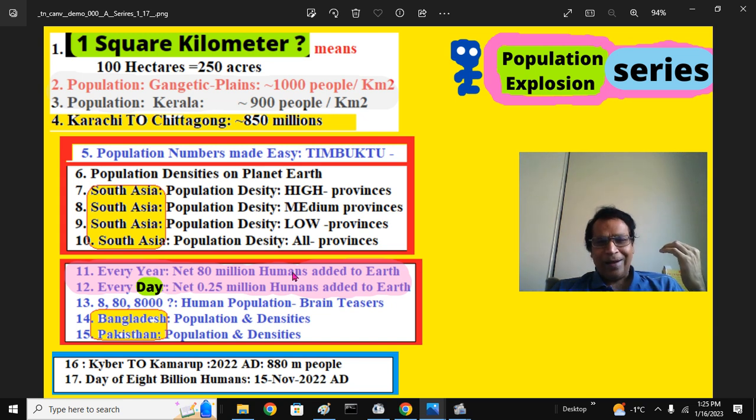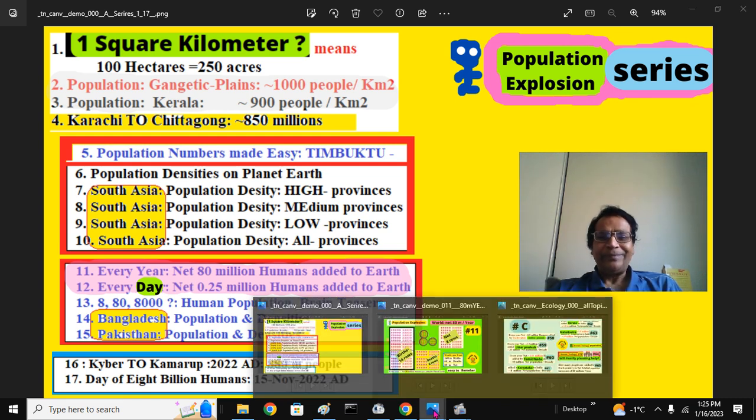How many people are added per year to the planet Earth? A net of 80 million people are added. This is the net. In the next part, we will talk about how many people are added to the planet Earth per day.